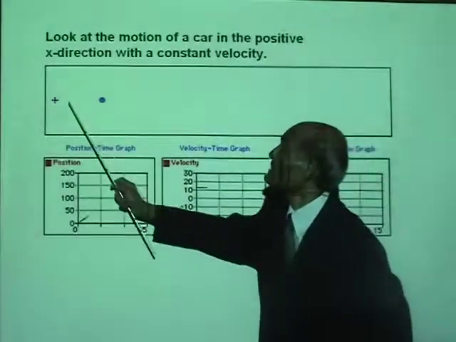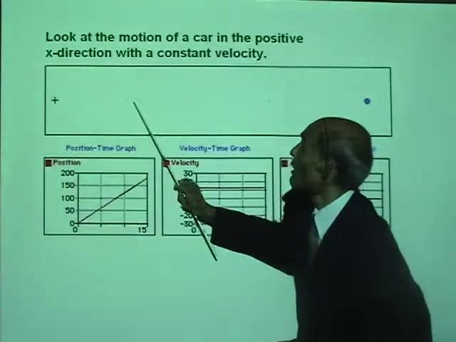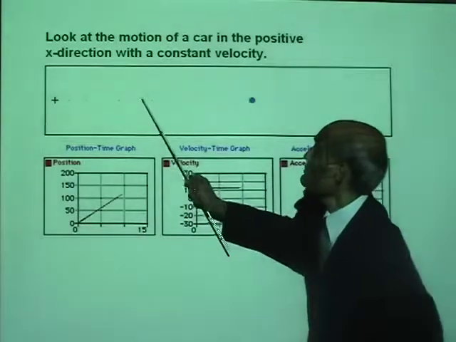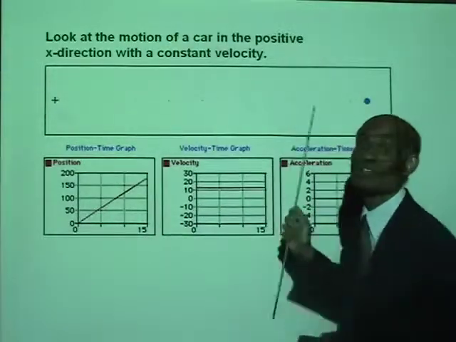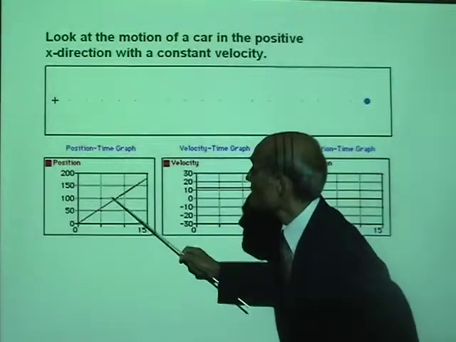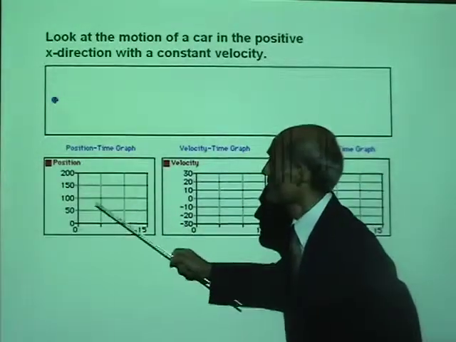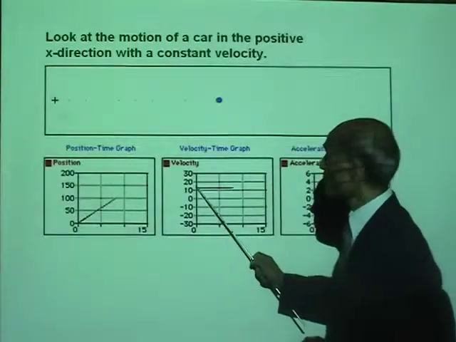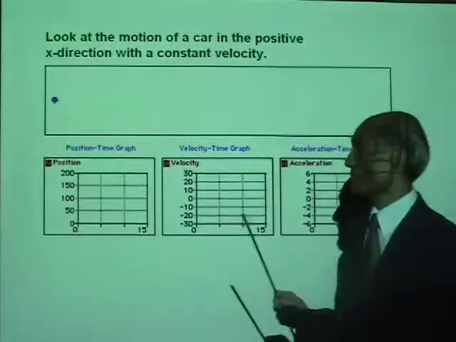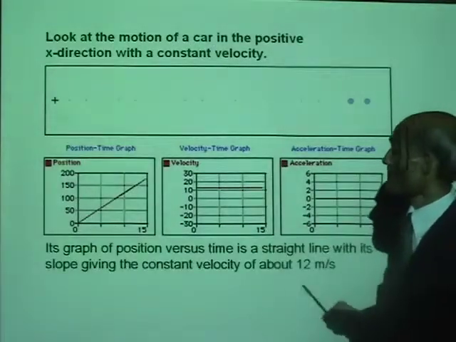So an object that is moving with uniform velocity, you see how beautiful it looks? Every second the change in position is the same. That means position increases with time uniformly, a straight line. The velocity remains uniform, remains a constant, and there is no acceleration.